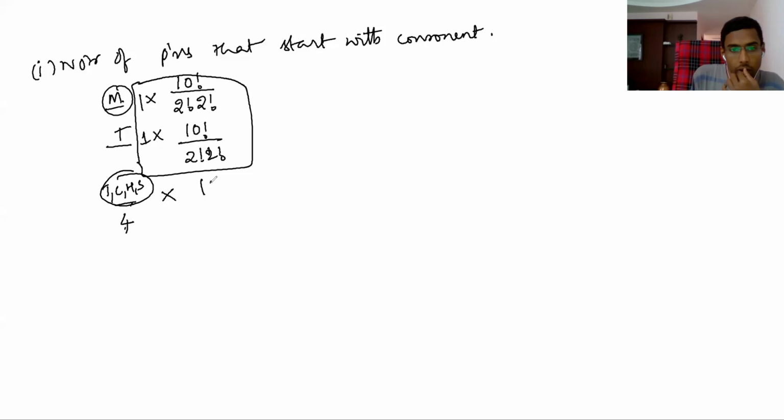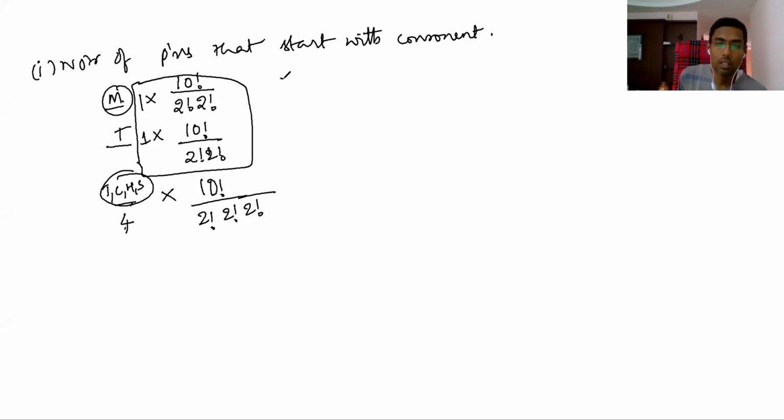Now the remaining 10 blanks you can arrange with the remaining 10 letters: 10 factorial, in which 2 E's are present by 2 factorial, 2 M's are present by 2 factorial, and also 2 T's present.